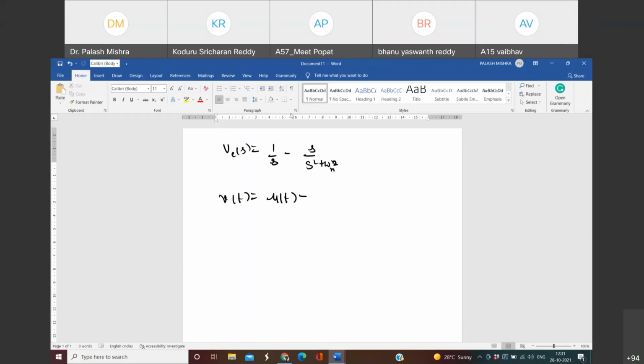And s upon s square plus omega n square, what is the Laplace inverse of this one? Cos omega n t u(t). Now if you take u(t) common, it will be 1 minus cos omega n t.